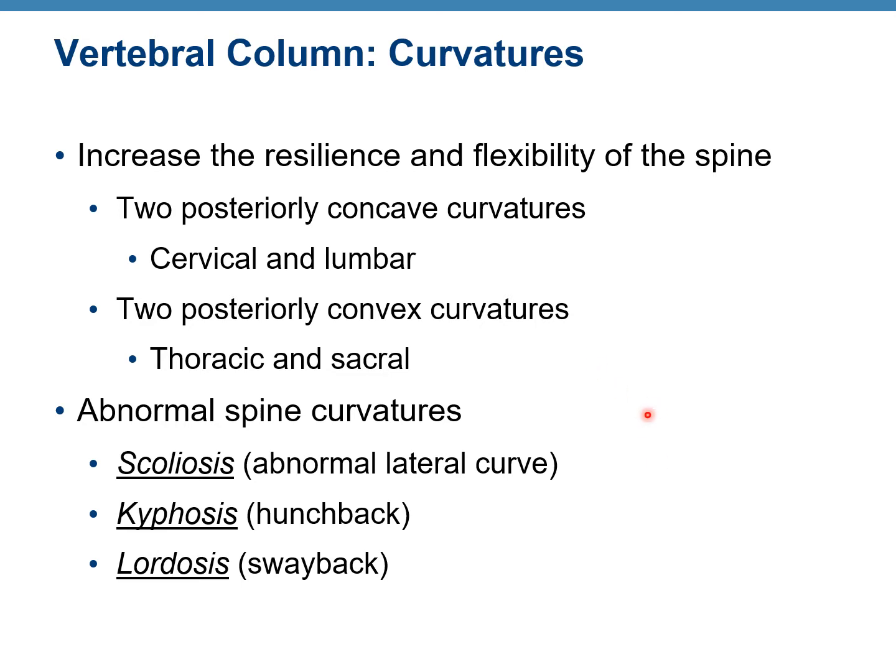Plus, some curvatures of the spine can be abnormal. If it's an abnormal lateral curve, we call it scoliosis. If it's an abnormal thoracic curve, it's kyphosis, and lordosis is abnormal lumbar curvature.